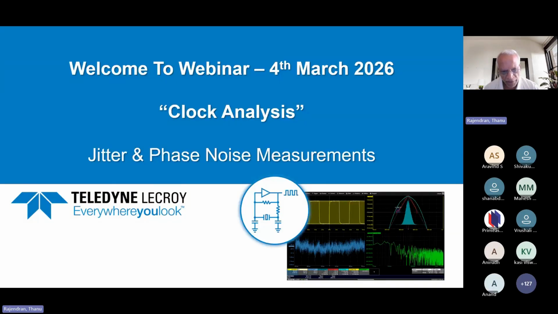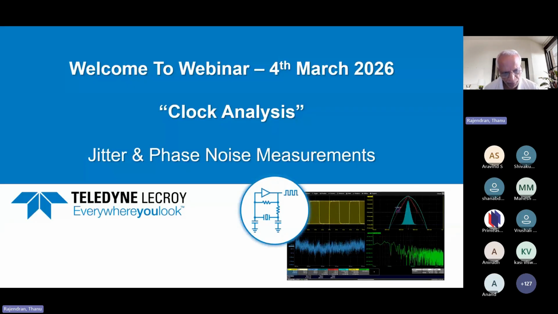So it becomes a very powerful tool for you to analyze within one piece of equipment. You would know the relationship between the timing measurement as well as the frequency measurement, with which you can analyze your clock much more effectively. Like I said, the clock is in the driver's seat all the time, and on any embedded board you take, whether low speed or high speed, a clock is a must.